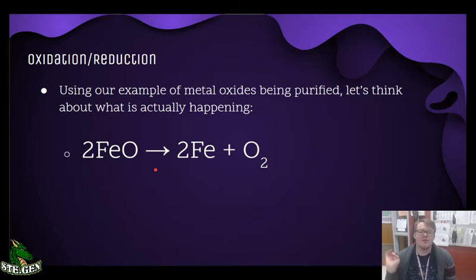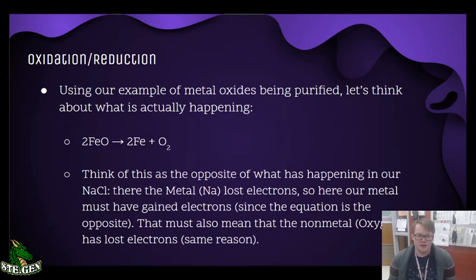So let's think about this in terms of electrons. And at first you might think, well, that seems really difficult. I don't know how I would do that. But really, if you just think of it as the opposite of what happened in NaCl. In NaCl, we had a metal and a gas that we combined together to make one solid. This is just the opposite of it. There, the metal lost electrons.